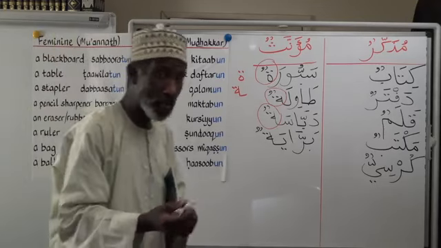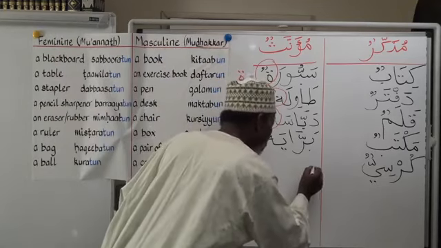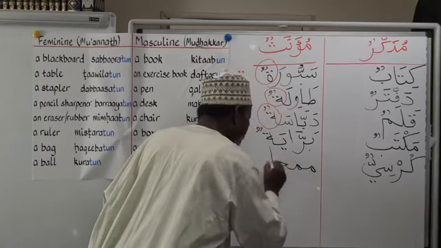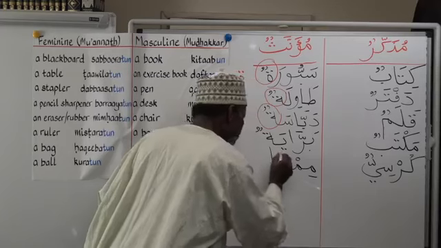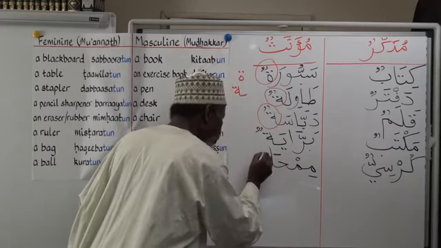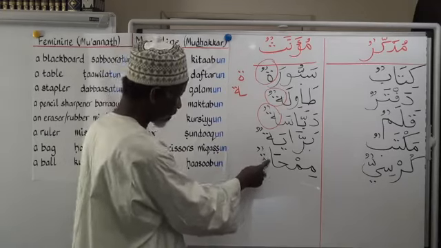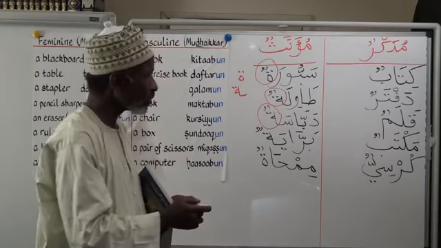An eraser, or rubber, mimhatun. Mimha. So mimhatun, with the ta marbuta. You can see this shape because it comes after alif.